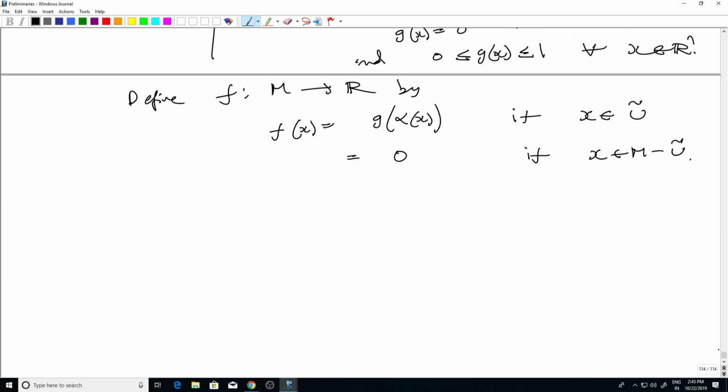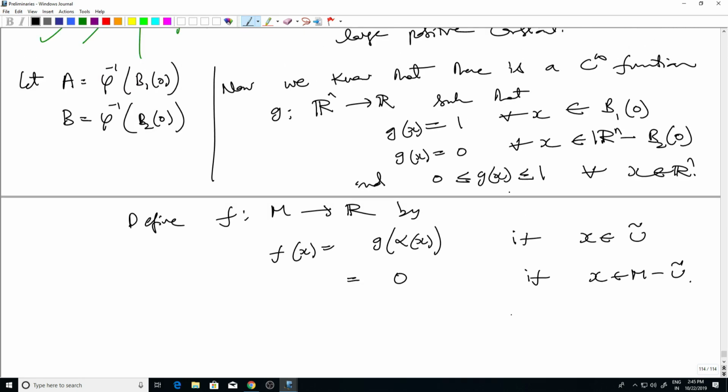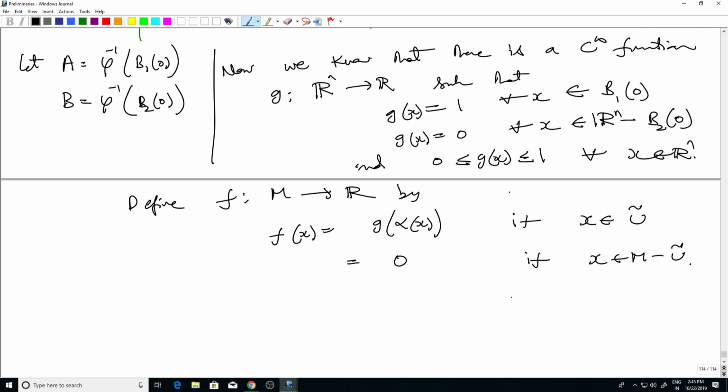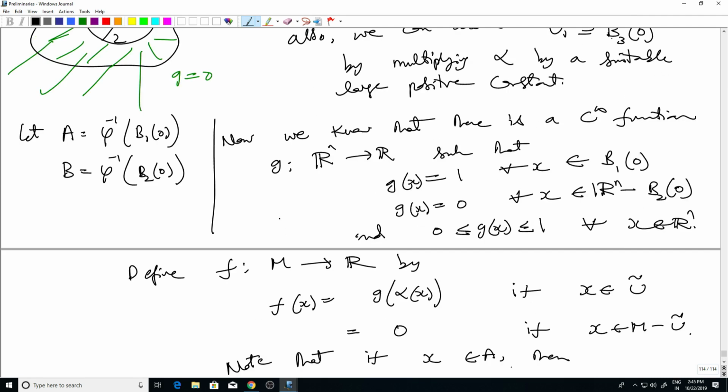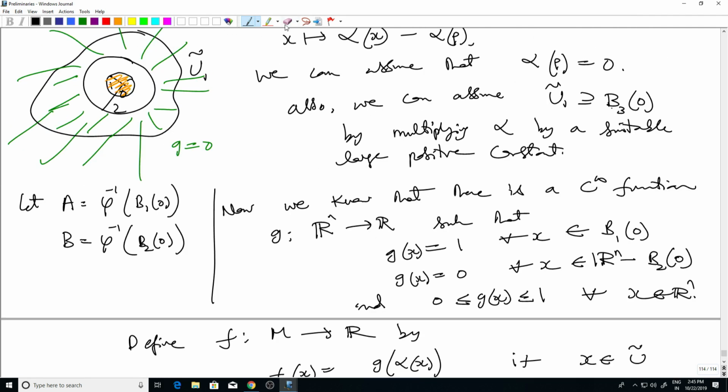So for the moment, if we assume that f is smooth, note the following. If x belongs to A, then f of x, oops, there was a small correction here, it is not phi, rather I call the chart map alpha now.